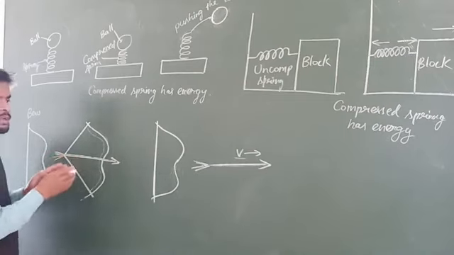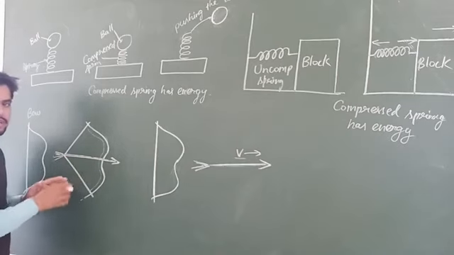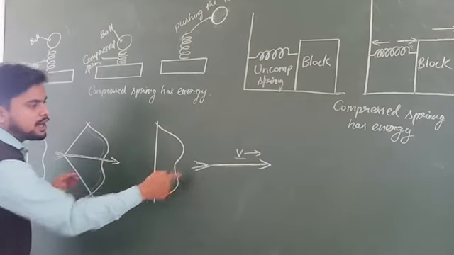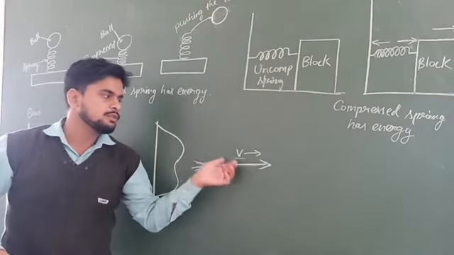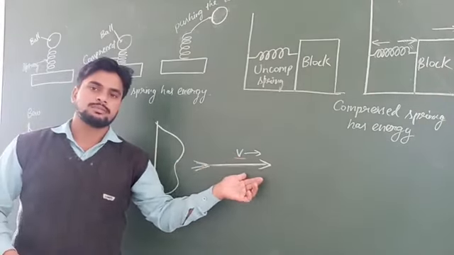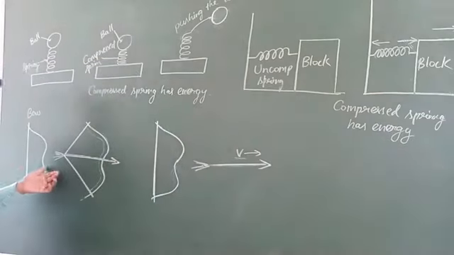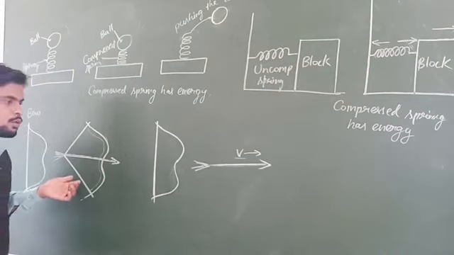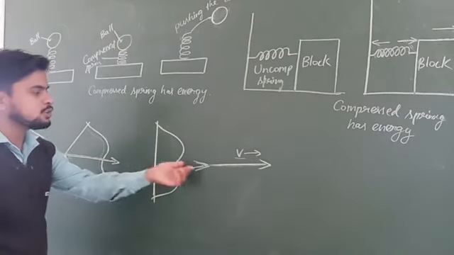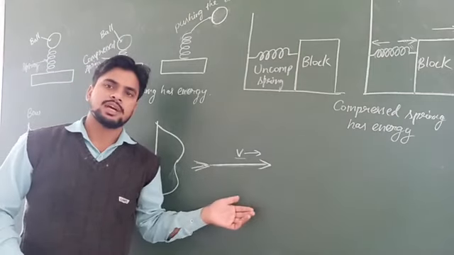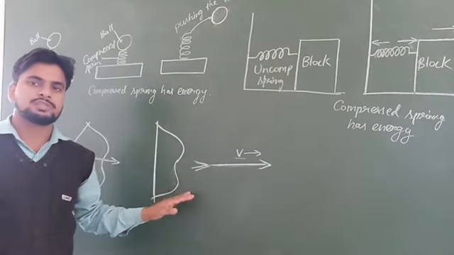The energy which is stored in stretching is imparted to the arrow, and the arrow starts moving forward with a certain velocity. Okay. So in this situation again we observe that the original bow has no energy, but the stretched bow acquired some energy which is imparted to the arrow, and the arrow starts moving in forward direction after being released.